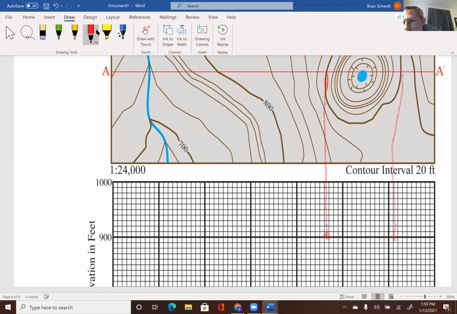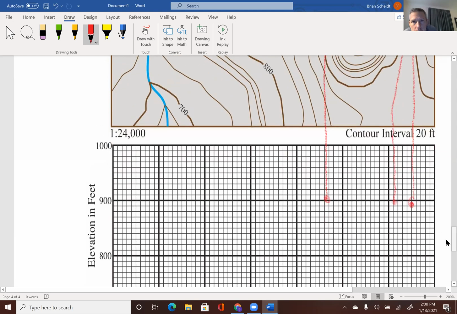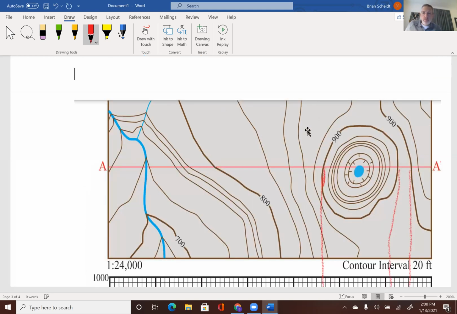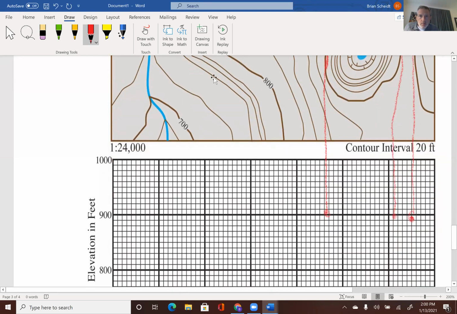And again, we have a ruler. If you'd like to print this off, my 800, make this a little bit smaller. Wherever the profile is, go straight down and put a dot.